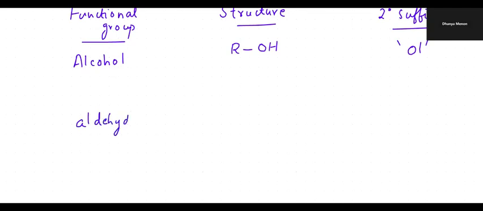Aldehyde is RCOH. So we write it like this also, RCHO. And when aldehyde is there, we use the suffix al.